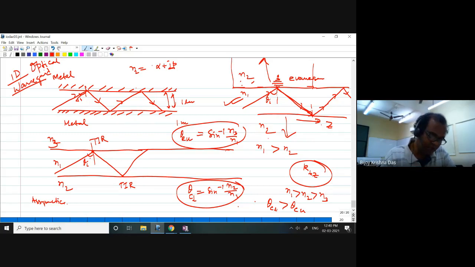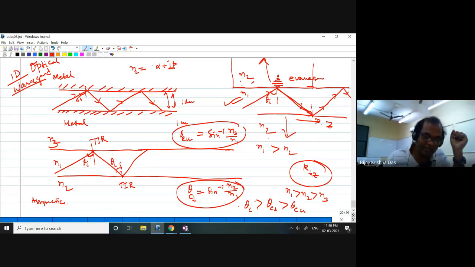So if this theta I is greater than theta CL, then you are satisfying total internal reflection at the upper interface as well as the lower interface. Is that correct? If you set this angle theta I, this angle also will be theta I, right?